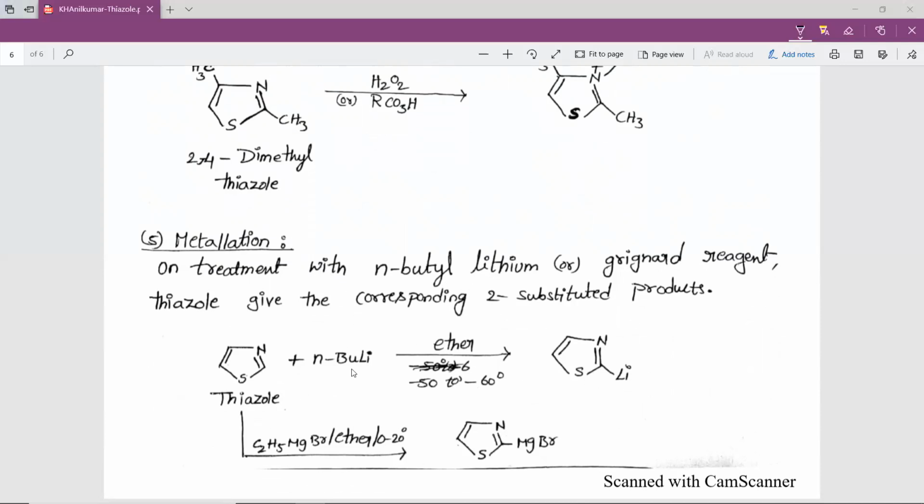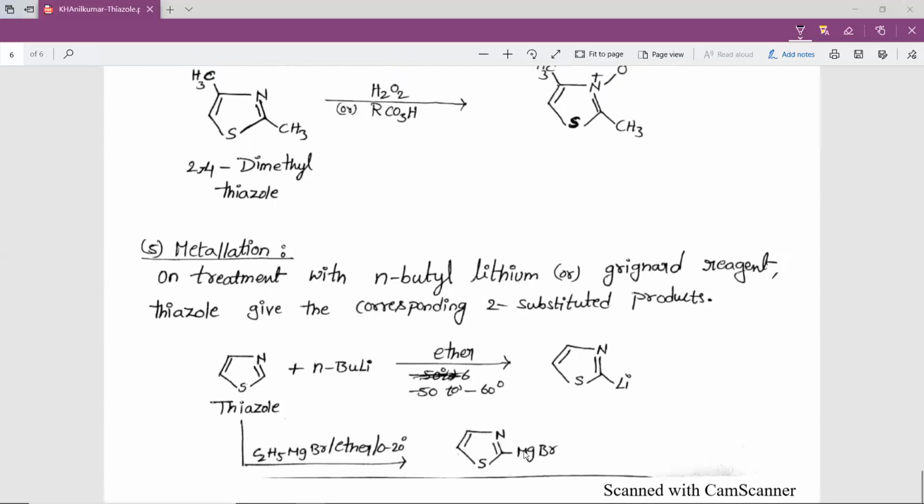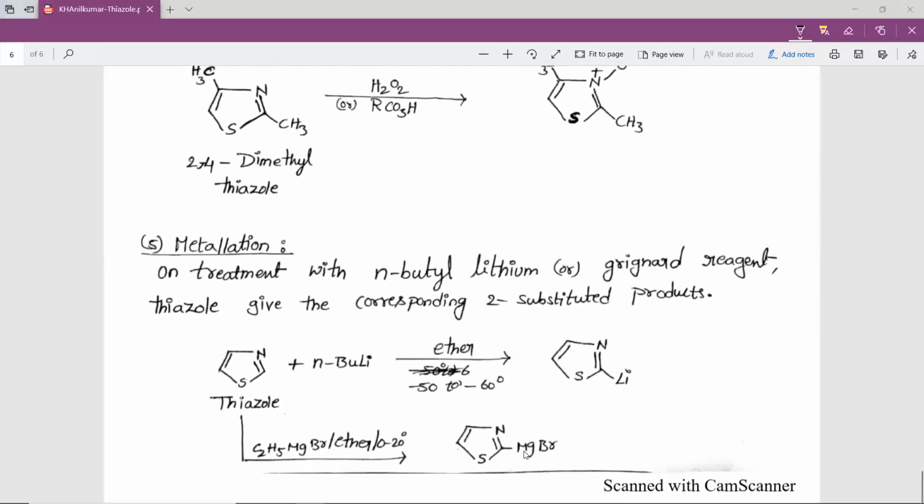When thiazole is treated with n-butyl lithium in ether at -50 to -60 degrees centigrade, we get 2-lithiothiazole. Thiazole reacts with ethyl magnesium bromide in ether at 0 to 20 degrees centigrade to give a 2-substituted thiazole. So these are some important reactions of thiazole.